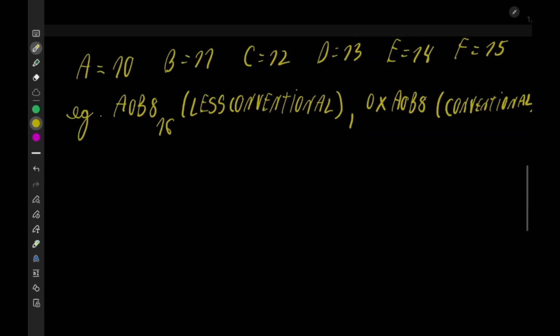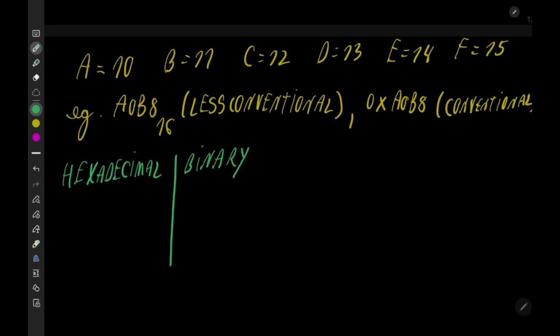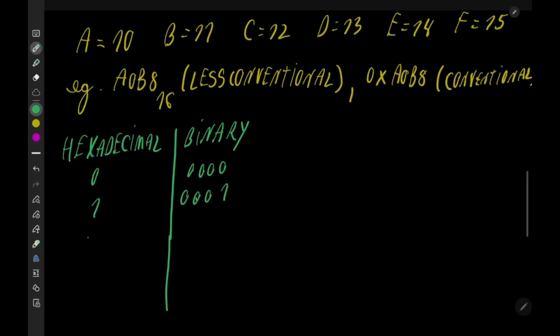Now, as we did for octal, we could also represent all hexadecimal numbers as binary. For example, 0 is just 0, 0, 0, 0. 1 is 0, 0, 0, 1. 2 is 0, 0, 1, 0.